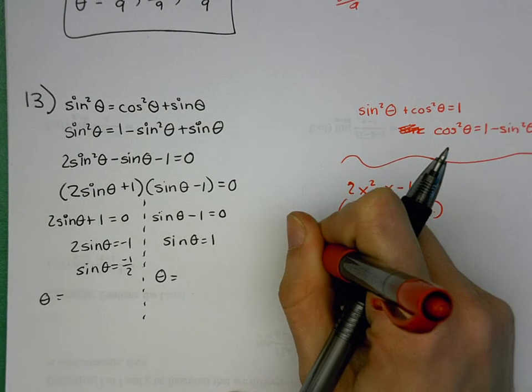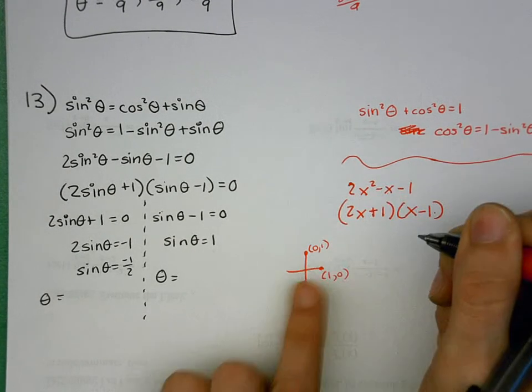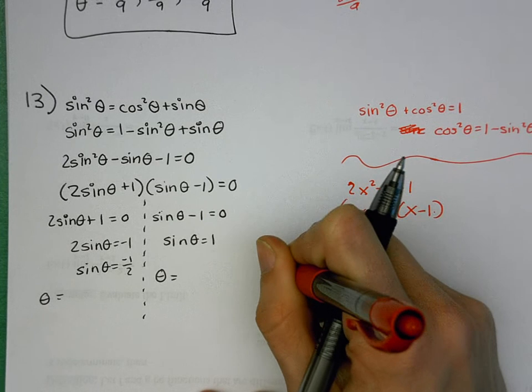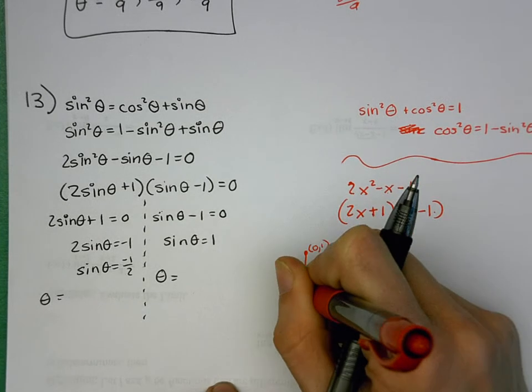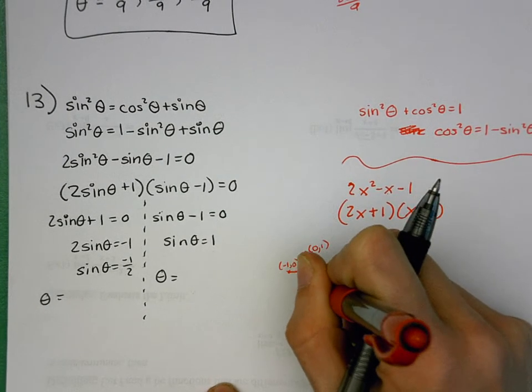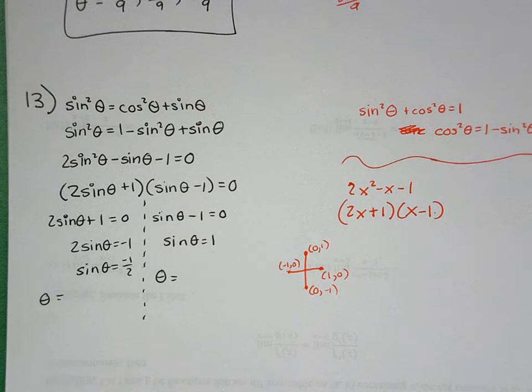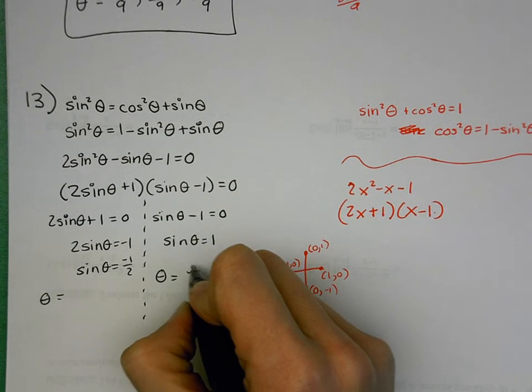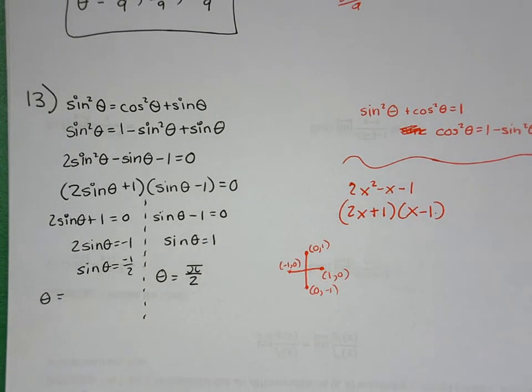Pi over 2 would be (0, 1), so sine of 1. Pi is (-1, 0), sine of 0. And 3 pi over 2 would be (0, -1), so sine of -1. So in this case, my quadrantal with a sine of 1 would be pi over 2. And then we are only theta, so we don't have to worry about rotating 2 or 3 times or whatever through our unit circle. So that is my 1 angle.